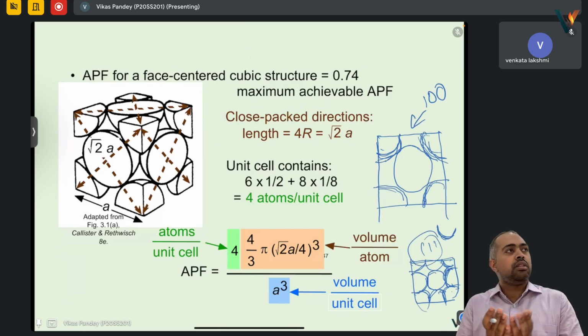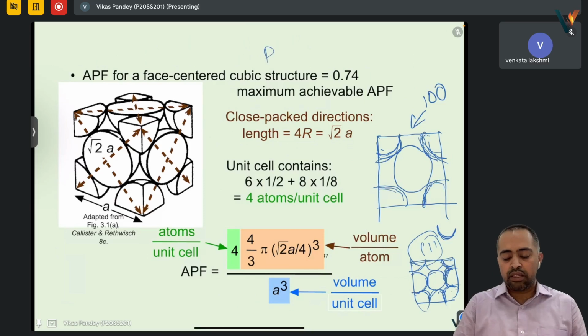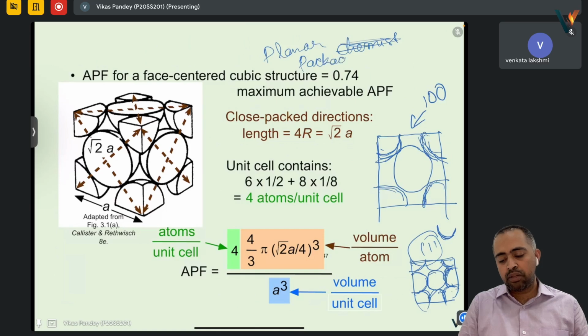There is a concept called planar packaging. In chemistry, you might have heard about planar packaging, or atoms per plane.